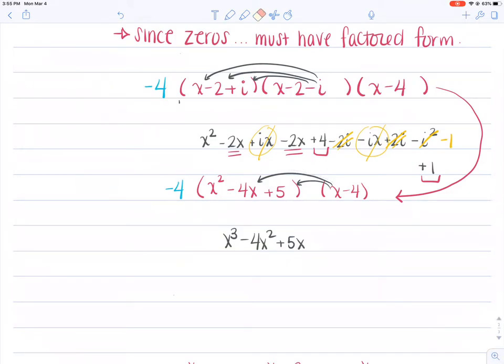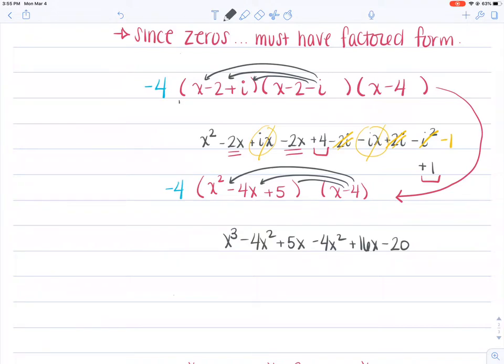I'm going to then do the same thing, but with the negative 4. So I have negative 4 times x squared, negative 4x squared, negative 4 times negative 4x, positive 16x, and negative 4 times 5 is going to give me negative 20.